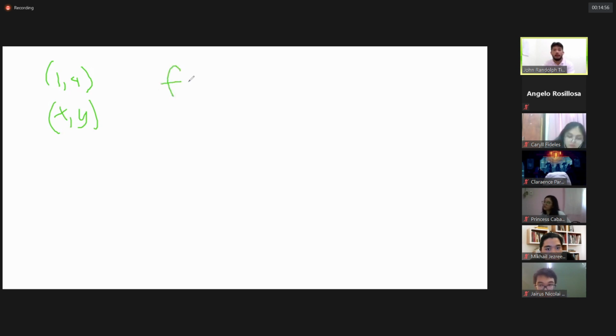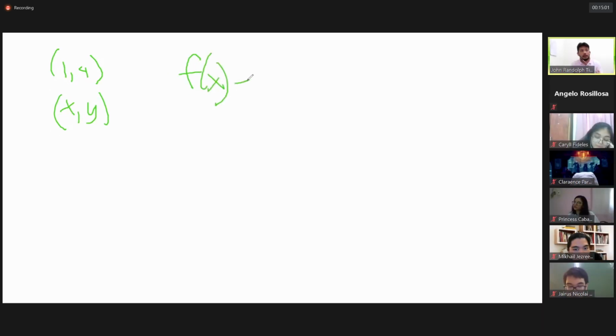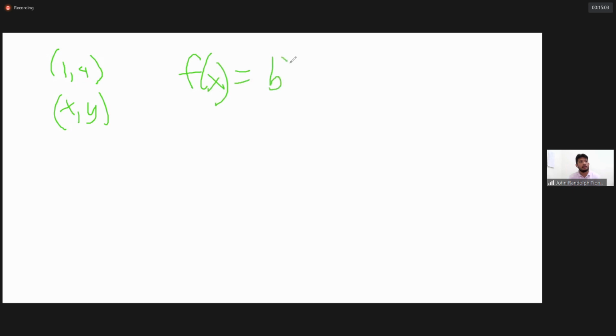From the exponential function f of x equals b to the power of x, your f of x here is simply your y. So 4 equals b to the power of your x, which here is 1.